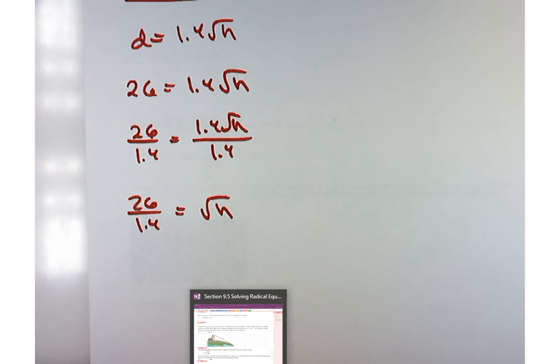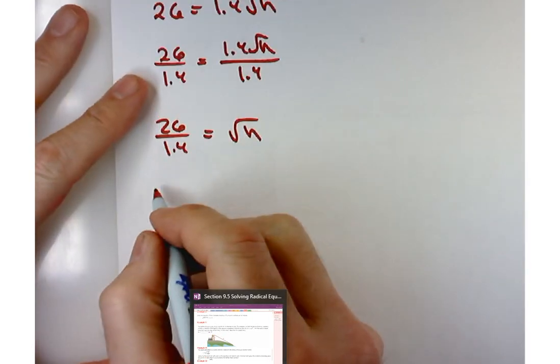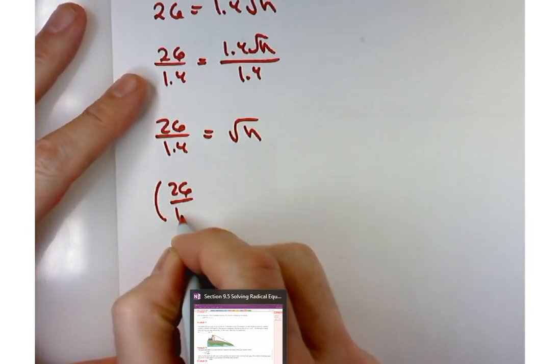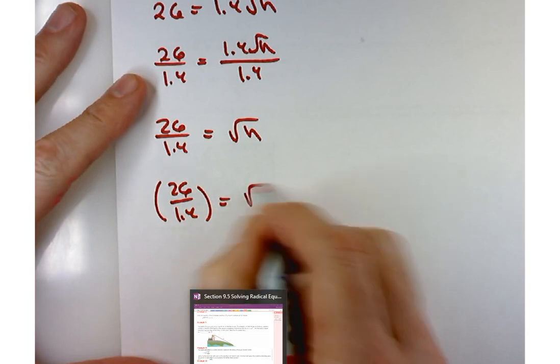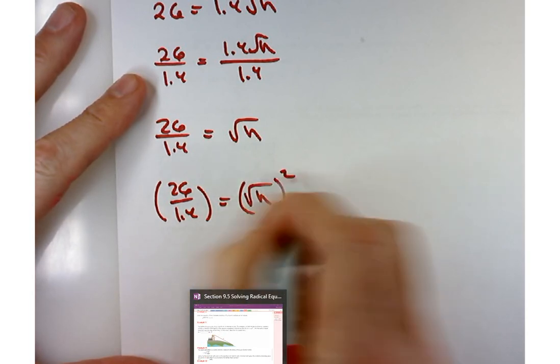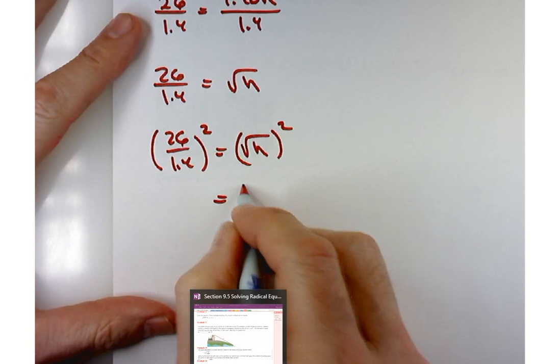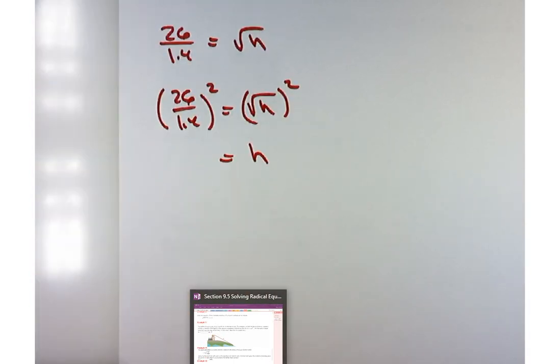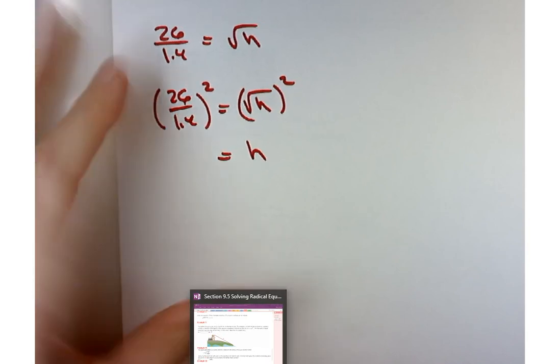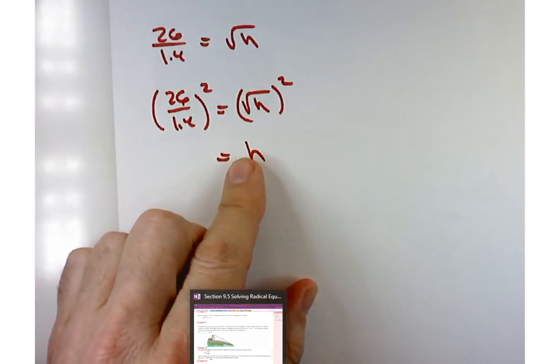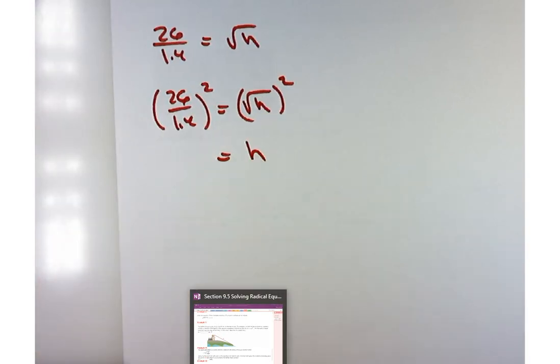Square root. Yeah, square both sides, right? So that's just going to be 26 over 1.4 equals square root of h. Square both sides. The right-hand side is just h. The left-hand side, well, might want to take out a calculator to do that one.